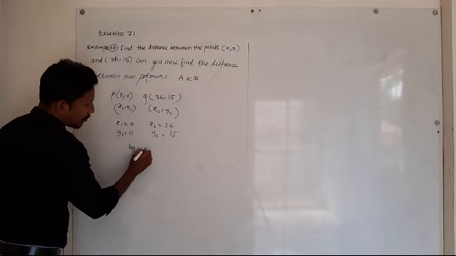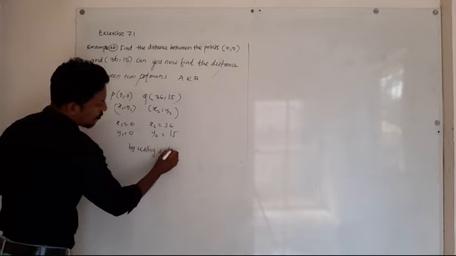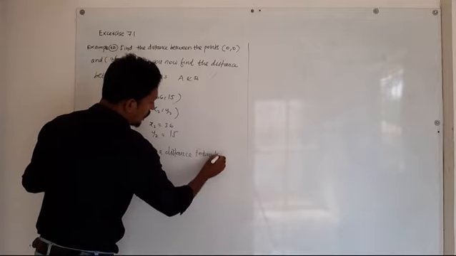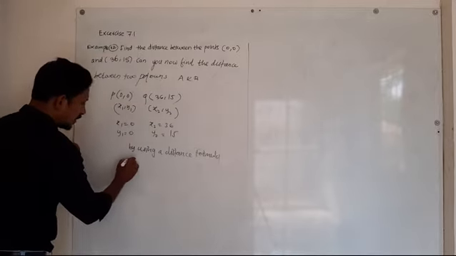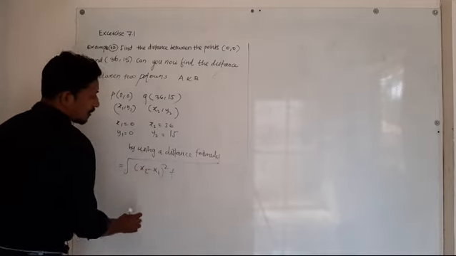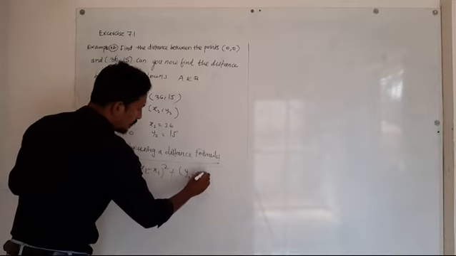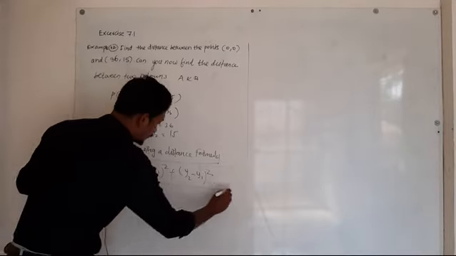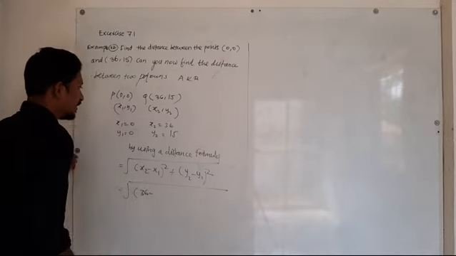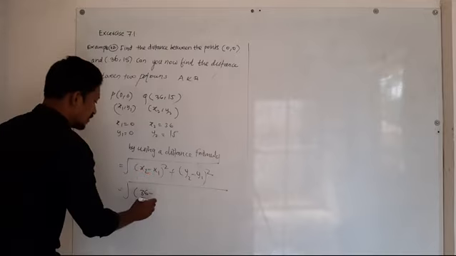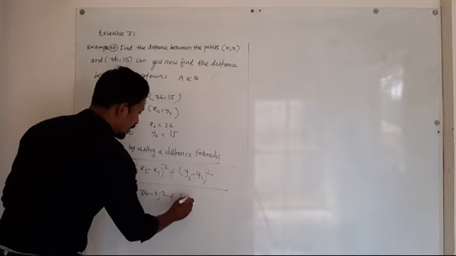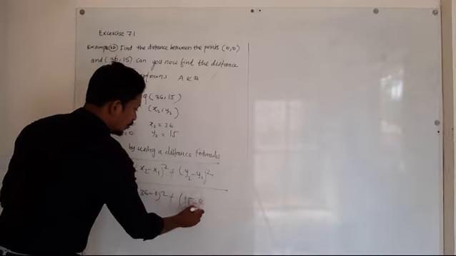By using the distance formula, which is the square root of (x2 minus x1) squared plus (y2 minus y1) squared, the value of x2 is 36 minus the value of x1 which is 0, plus the value of y2 which is 15 minus 0, bracket squared.